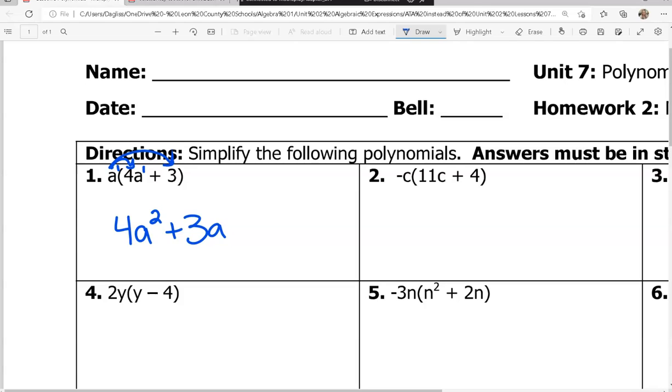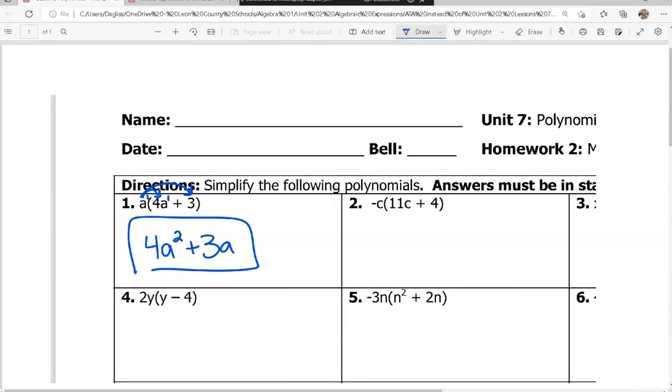Just 3, because you have a times 3, so it's just going to be 3a. Is it in standard form? So yes, we are done. So we're going to distribute our monomial through multiplying, adding exponents, and then afterwards we are going to double check and make sure that we're in standard form, because that's something new for us.